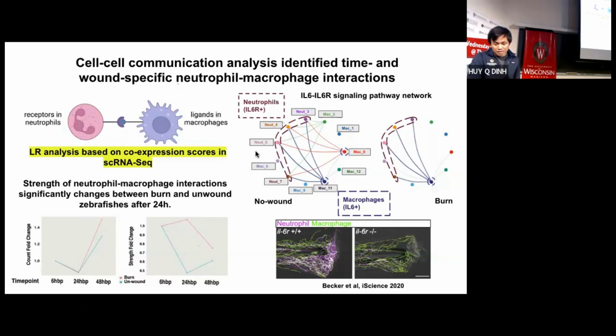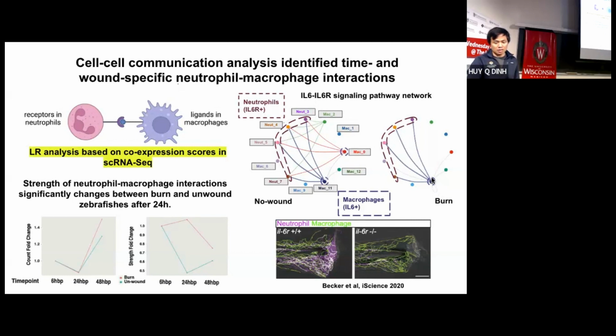One of the interactions that we identified is the IL6 ligand expressed in macrophage and the IL6 receptor expressed in neutrophil. The IL6 receptor is expressed in all neutrophil subsets, and the IL6 ligand is expressed in 2 macrophage subsets.